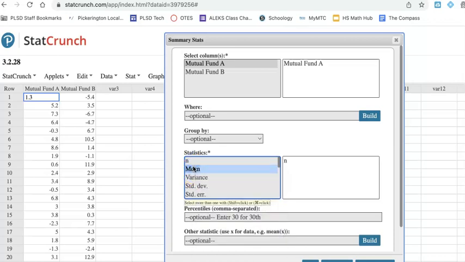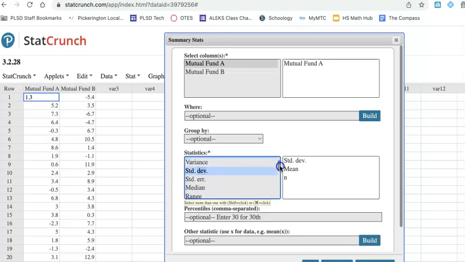I thought it was control, but maybe it is not. All right, so I'm going to do mean, standard deviation. I must just not have been holding it down. I'm going to have it do n just because n should equal 20.